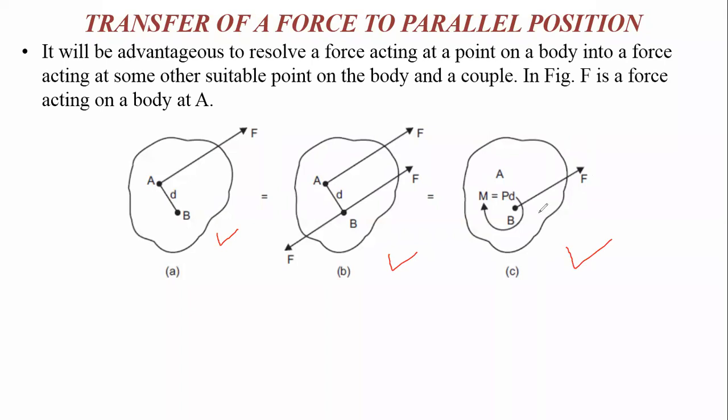All these three figures produce the same effect as figure number 8. It means that if we apply the force F as well as one couple moment having the magnitude F into D, it will produce the same effect as figure number 8. This is the concept of transfer of force to the parallel position.